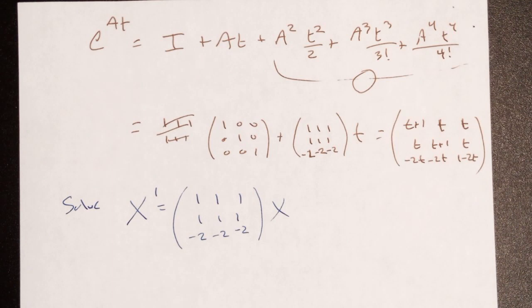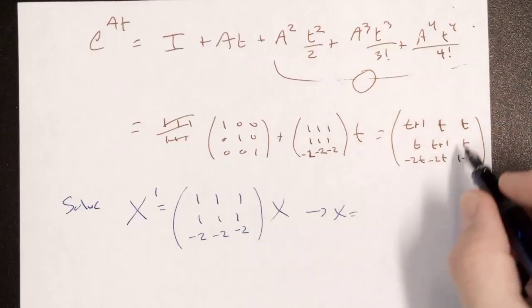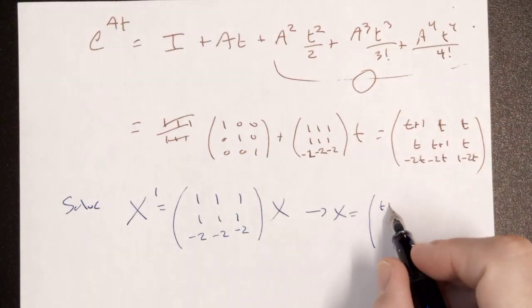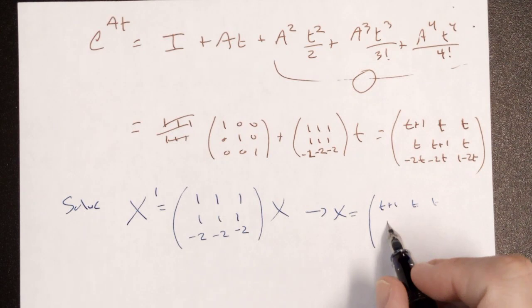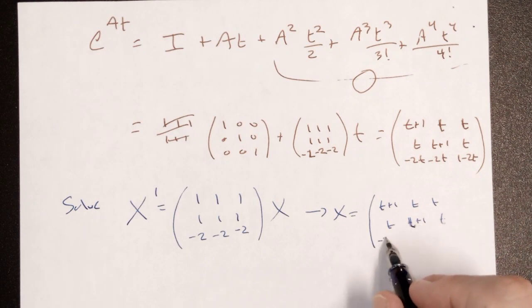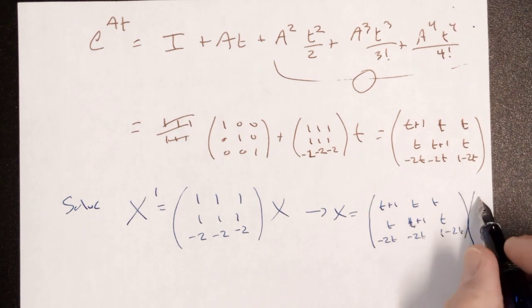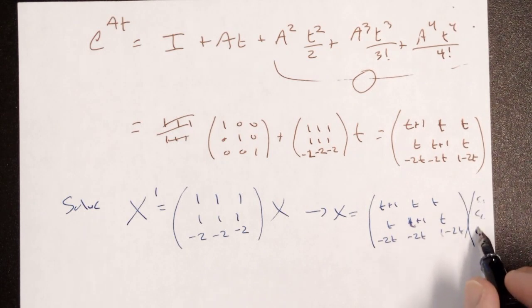But now, because I have this exponential right here, I'm done. X equals this matrix times some C1, C2, C3.